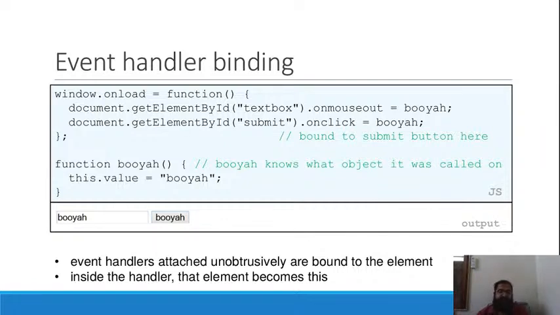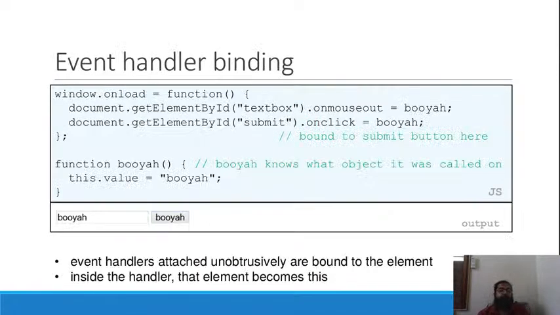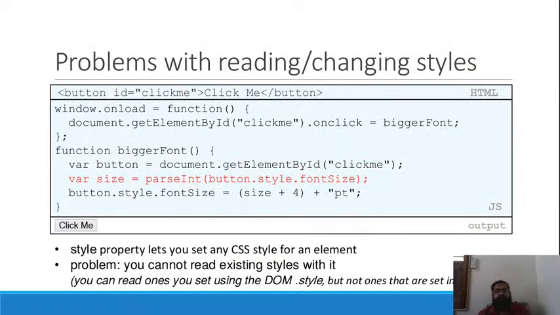Inside the handler, the element which calls it, so it could be the submit element by id, on click will call the booyah, which means that you are going to access that particular element by the keyword this in the function. That is the use of the this keyword, and then you will access the value, so this dot field name, and the value is assigned to it.